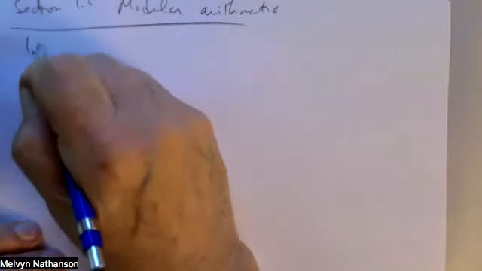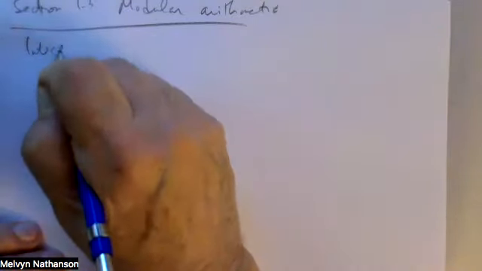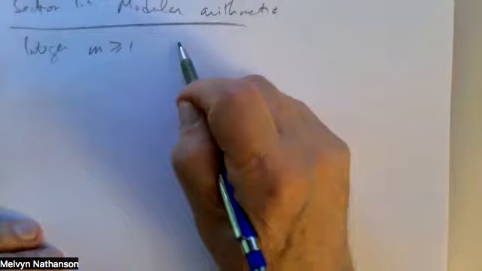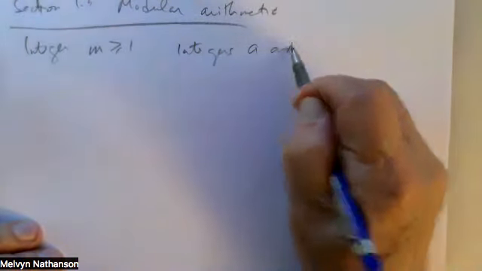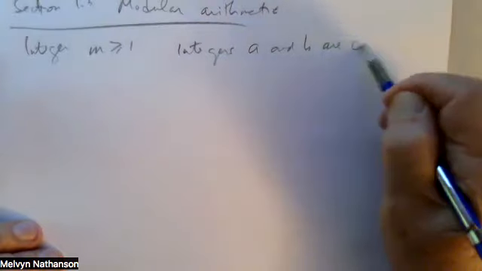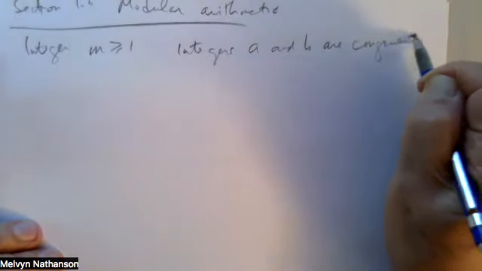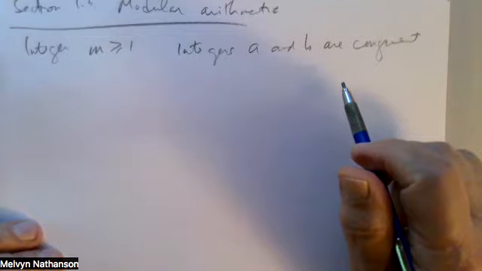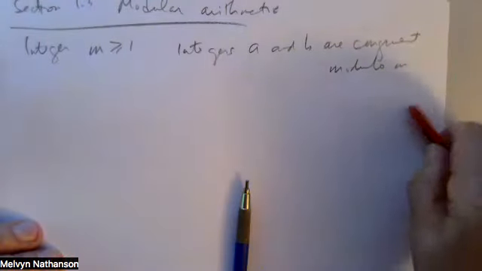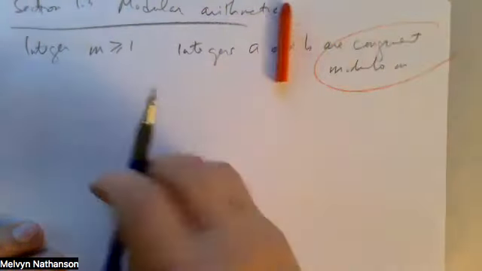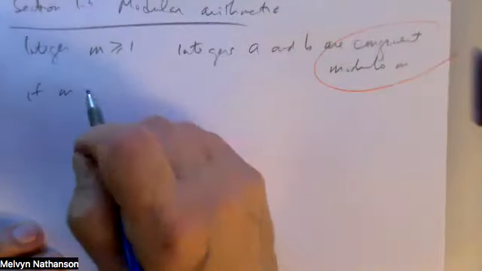So we have a positive integer m, and we say that integers a and b are congruent modulo m. So this is what we're defining: congruent modulo m, if m divides a minus b.